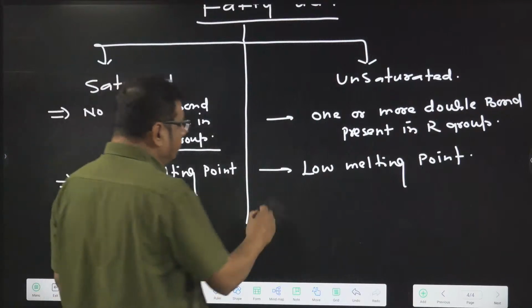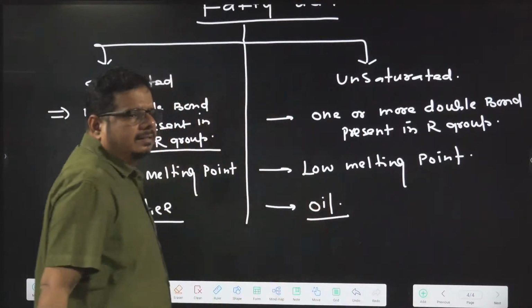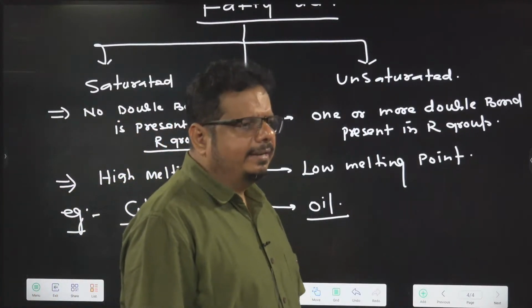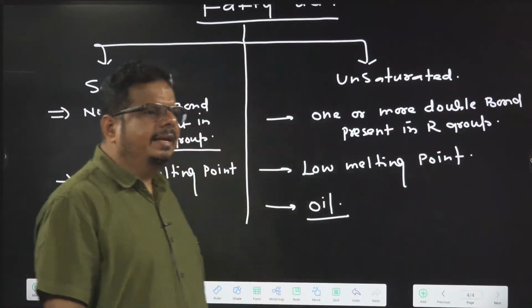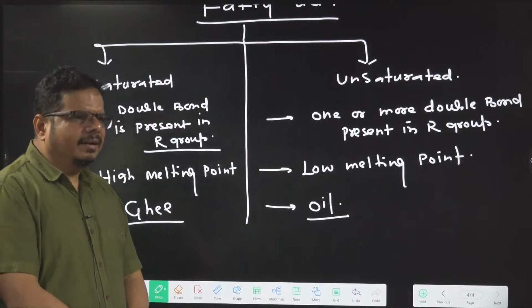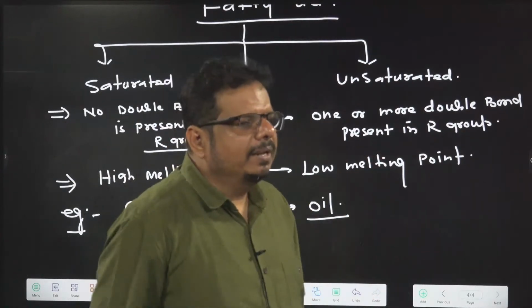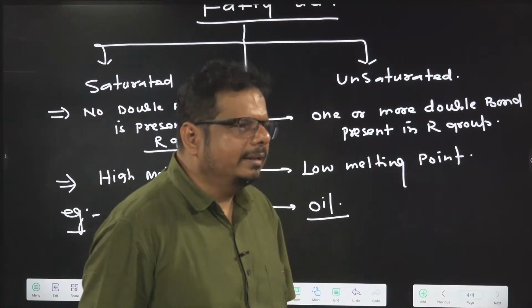And example of unsaturated fatty acid is oil. Gingerly oil. It is written in your NCERT, na? It is unsaturated fatty acid. It is liquid in nature. Ghee is going for solidification, na? So who gets solidified are saturated fatty acid. And who are present in liquid form is unsaturated fatty acid. Because unsaturated fatty acid have low melting point.